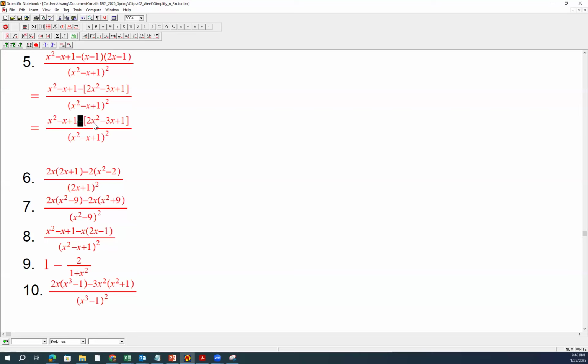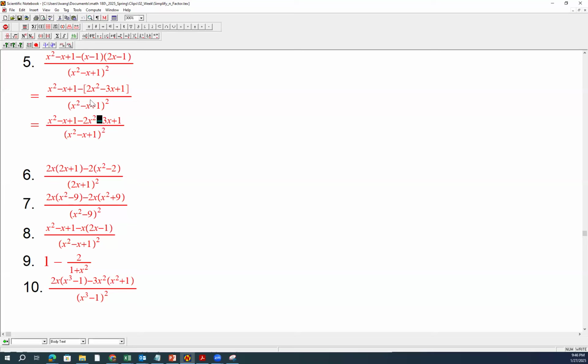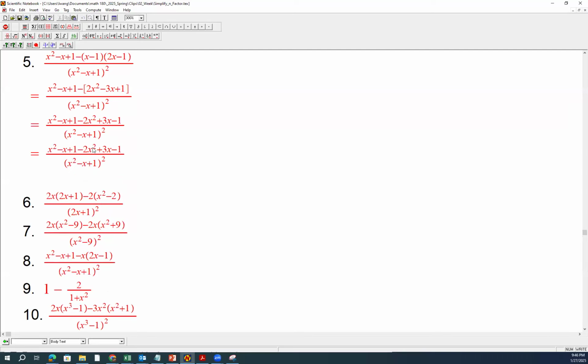This negative sign is distributed to everything inside. So when I remove the bracket, this will be changing sign, so this will be minus. These are just extra cautions I took. I'm combining like terms. Negative 2x squared and x squared are combined, so we get a negative x squared.